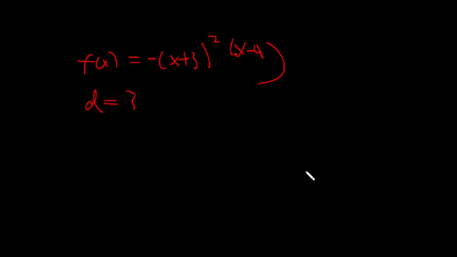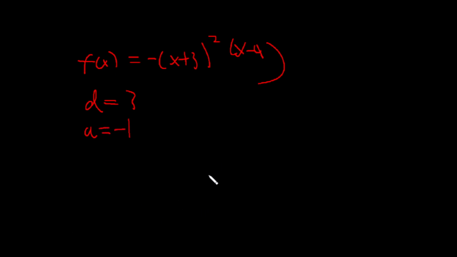Okay. Describe the end behaviors of the function negative x plus 3 squared times x minus 4 without graphing. So, right off the bat, degree equals 3, we already know. And there's a negative leading coefficient, so a equals negative 1.